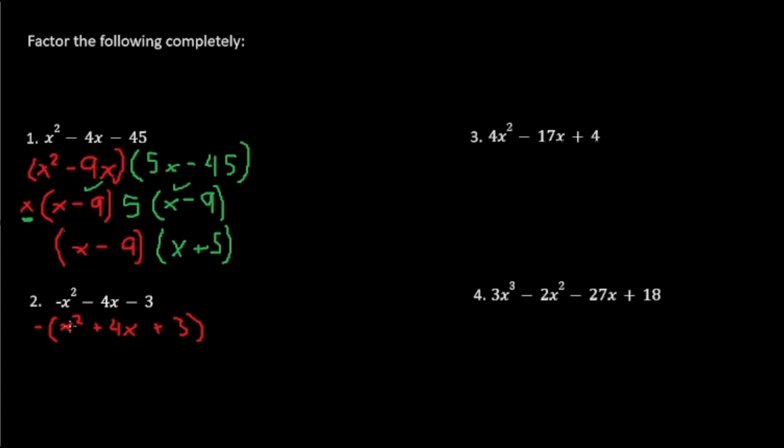So this just becomes 1 times 3. So what numbers multiply to 3 and add up to 4? So we know that it's just going to be x squared plus 3x, and then I'll do green again, and then x plus 3.